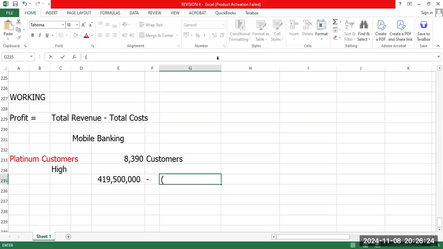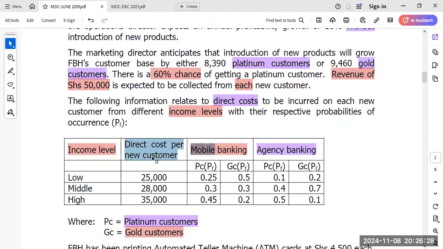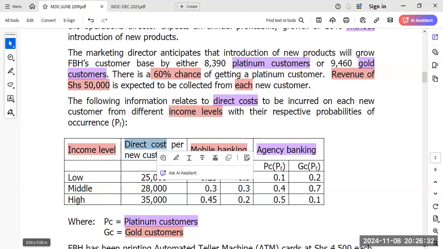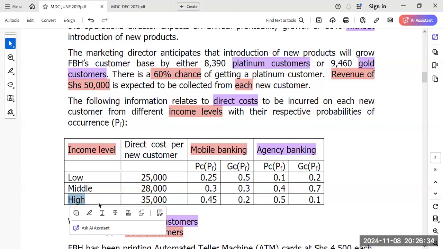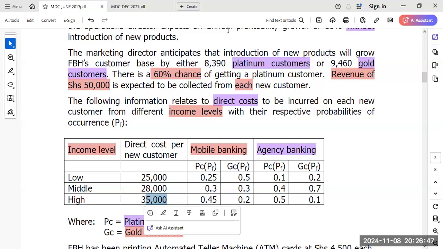So do we have variable costs in the question? These are variable costs per new customer direct. So if you're dealing with high, you're going to get 35. That is variable cost per customer. 35 times the number of customers, you get total variable costs.